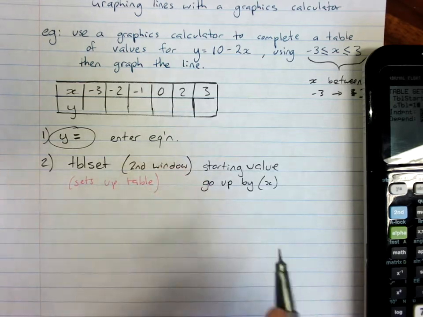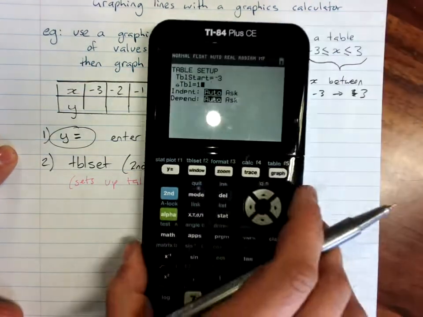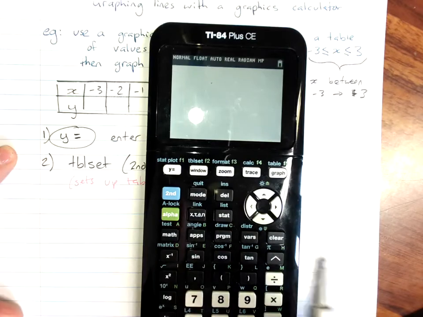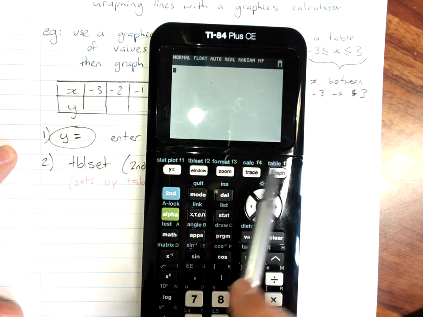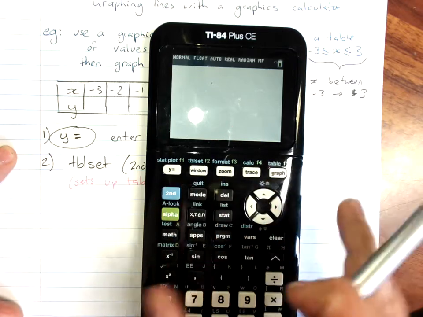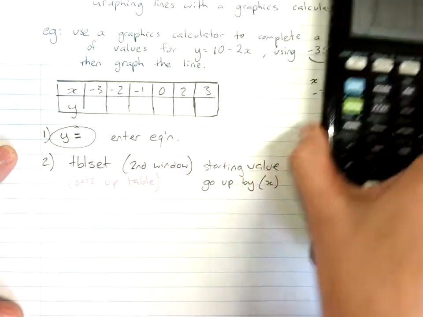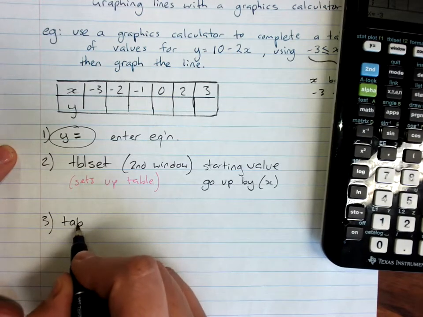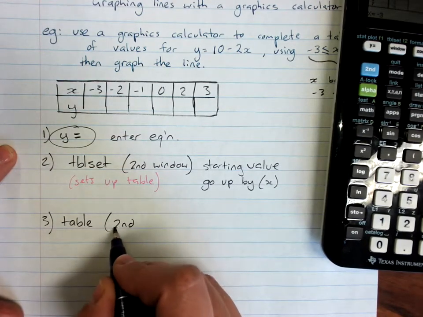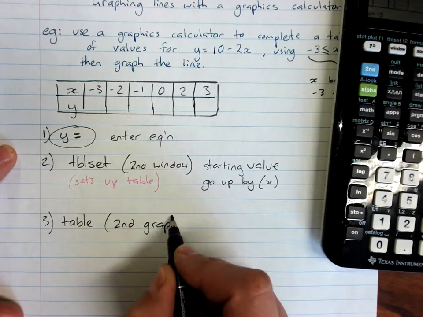Sorry about my writing today. Hop back out of that, and now to get your table of values, it's up here, second function up above graph. So table, which is second function and graph.